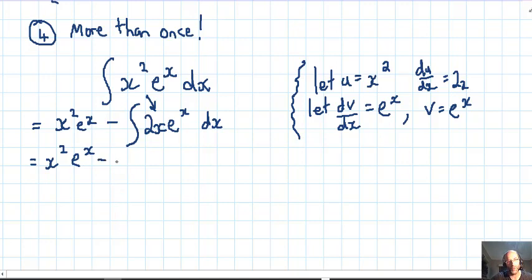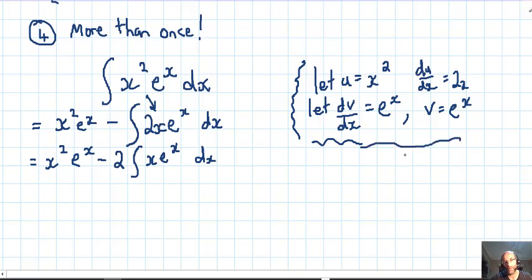So what we have to do is go through the parts process again. I'm going to call it part 2, because I'm going to use these same symbols instead of introducing alphabet soup.